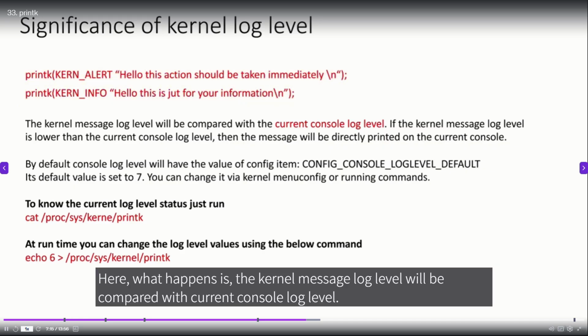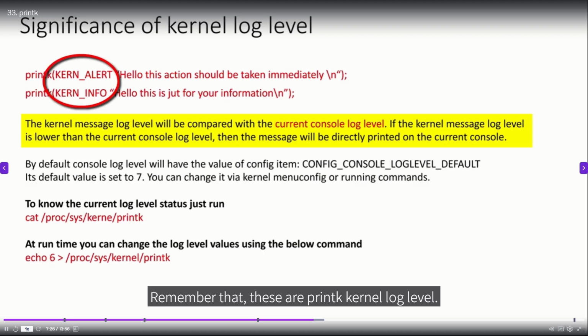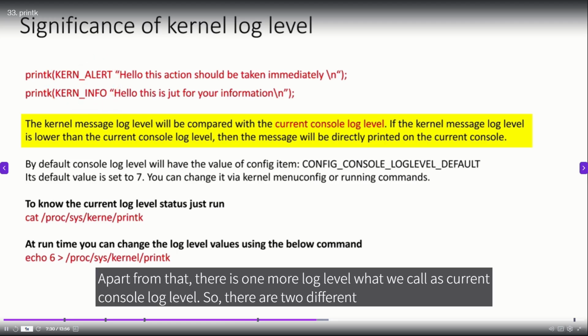Here what happens is the kernel message log level will be compared with the current console log level. Remember that these are printk kernel log levels. Apart from that, there is one more log level, what we call the current console log level.